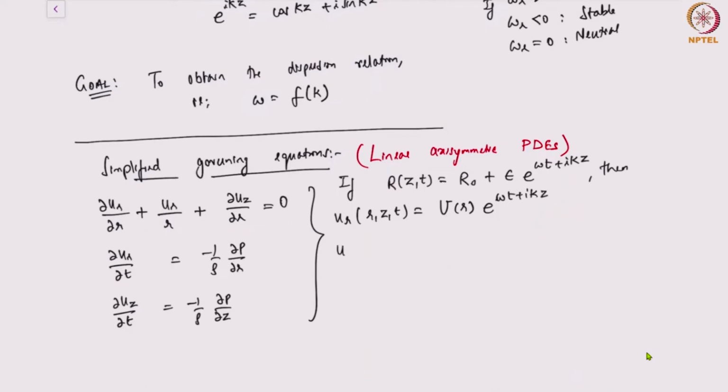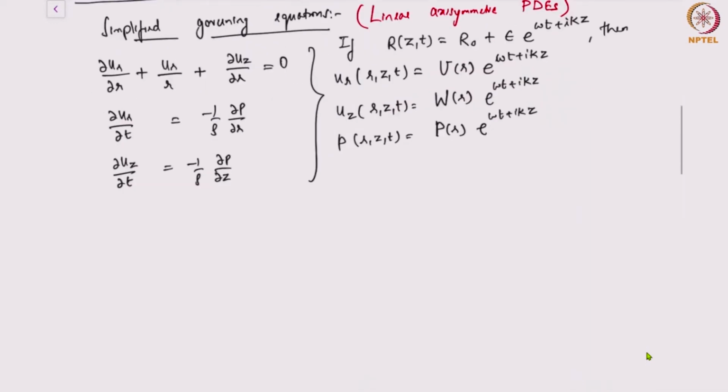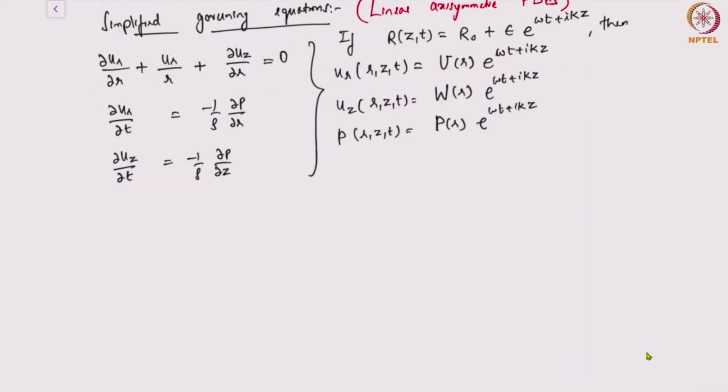Similarly, uz of r, z and t will be w of r e power omega t plus I kz. And finally, p of r, z and t will be some p of r e power omega t plus I kz. So let's see how do these modes appear.